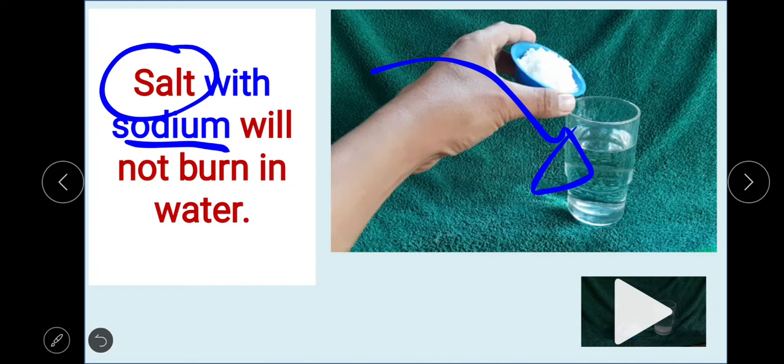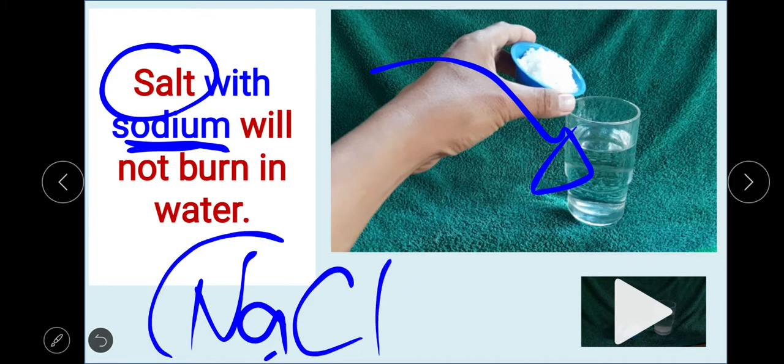That is why sodium added to water eventually burns, but sodium in salt will not burn, because sodium in a compound is different from sodium alone as an element, right?